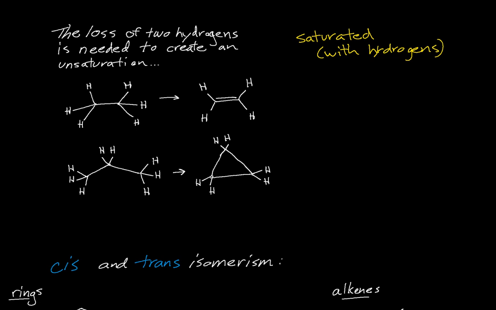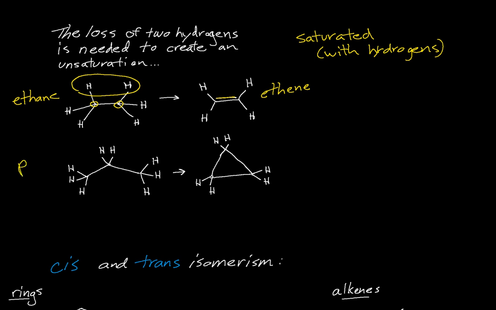To get an unsaturation like a double bond or a ring, you have to remove 2 hydrogens. Notice, if I remove these 2 hydrogens, then each of the carbons needs an additional bond, and that bond results in the double bond. Notice the formula has 2 less hydrogens. So to go from ethane to ethene, the alkene, as we name them, is the loss of 2 hydrogens.